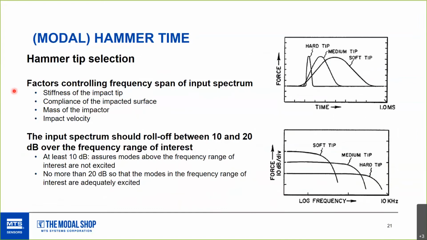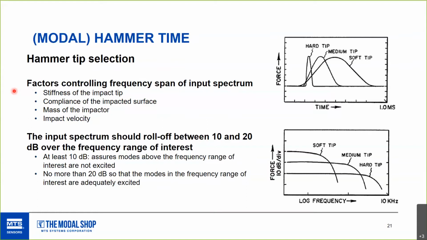So there can be different tips, and they have different compliance. If you can envision on a micro level the way they're resolving that momentum change from a fully moving hammer to a stopped, at-rest transmission of energy, you can envision that if you have a solid tip, that transmission is very sharp. It's very quick, the impulse.